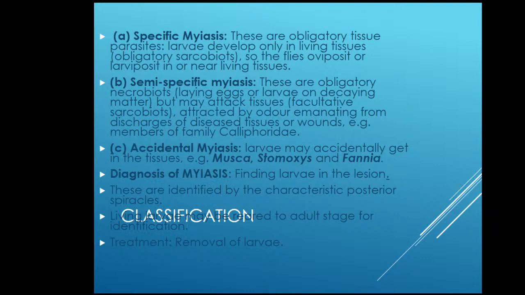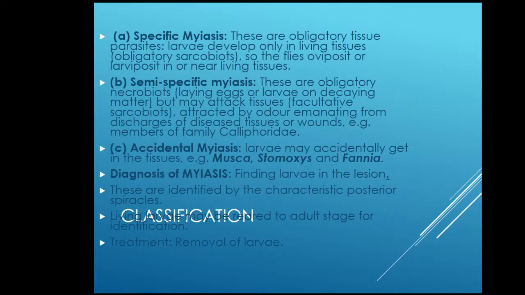So very often these flies lay eggs into human wounds which have a large amount of pus. These larvae feed mostly on dead tissue. Semi-specific myiasis can be caused by flies from the family Calliphoridae.